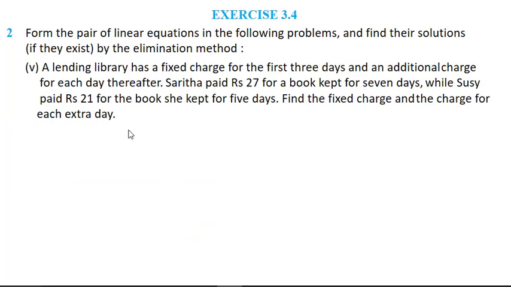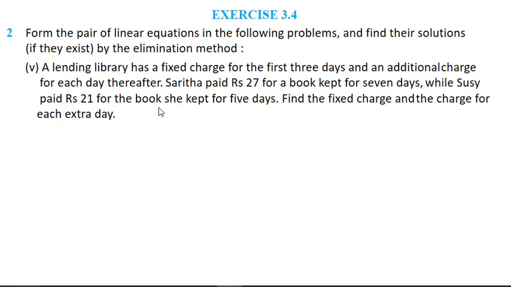Next question is, a lending library has a fixed charge for the first 3 days and an additional charge for each day thereafter. So here see how the library is charging. For 3 days it is charging a fixed amount, and thereafter it is charging some additional amount for each day.